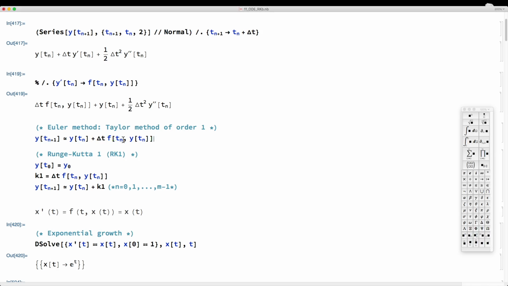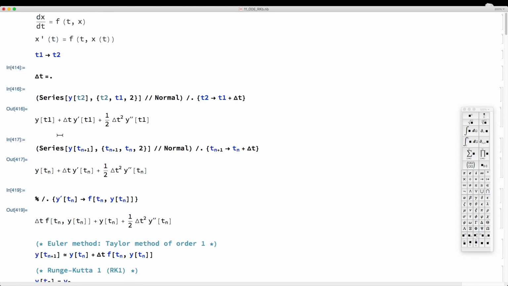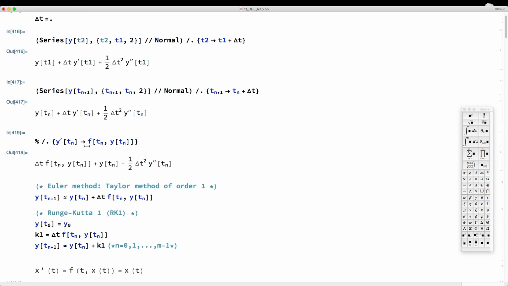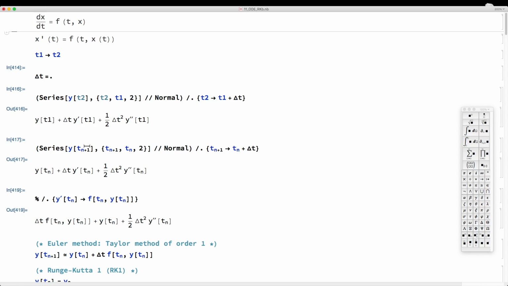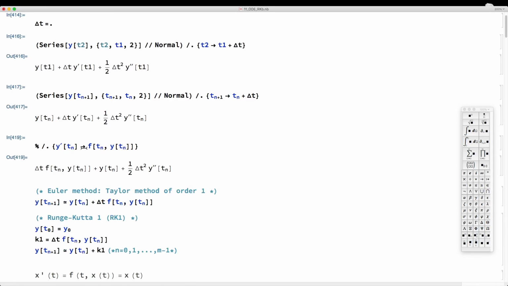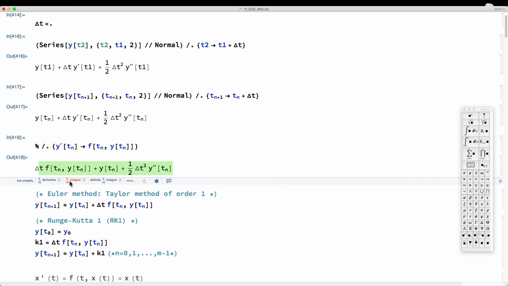Although the underlying differential equation, dx by dt or dy by dt, may have a symmetry with respect to time. If you change t to minus t, for example, it may stay the same, just like the harmonic oscillator satisfies this condition. But this scheme does not respect that symmetry anymore.